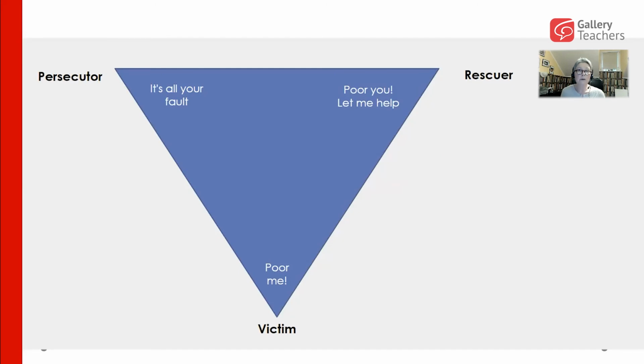But when we take on the position of the victim as a teacher, we push the student either into the position of a persecutor, which can lead to anger and aggression, or into the position of a rescuer, which is equally unhelpful because it leads to taking on responsibility for the teacher feeling hurt.